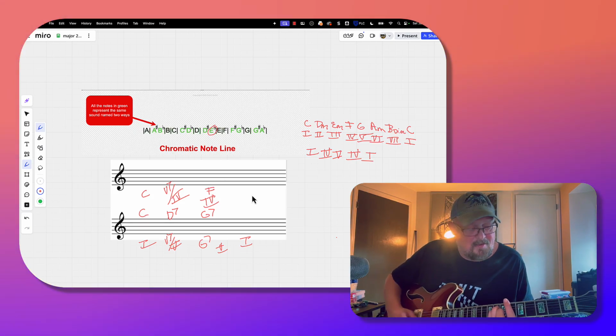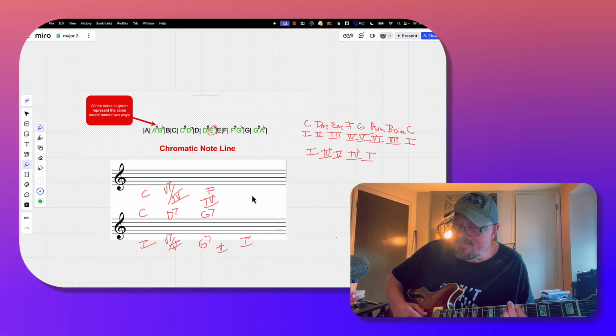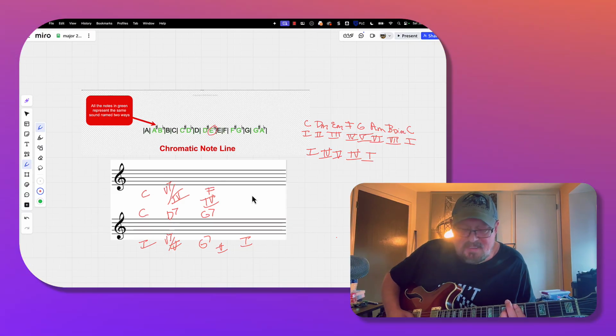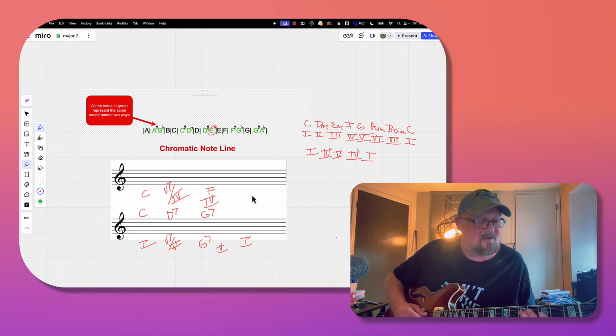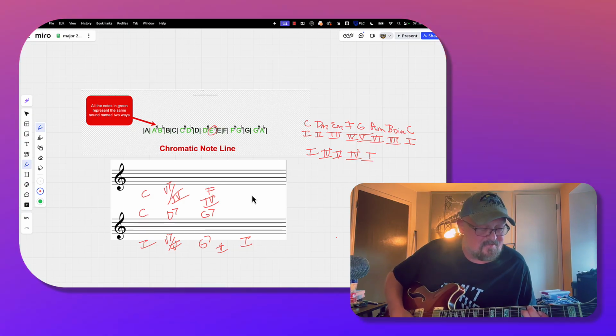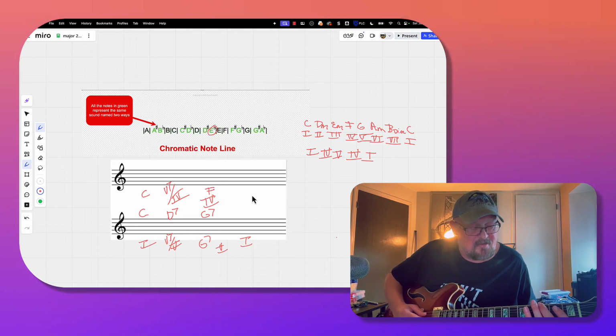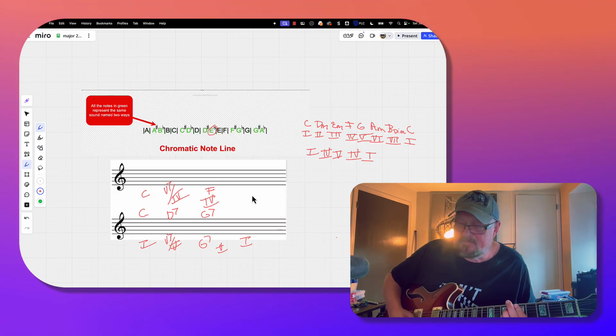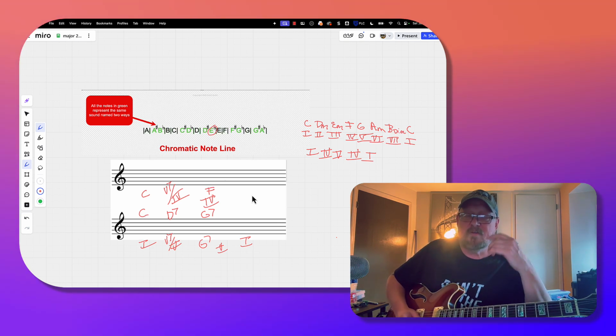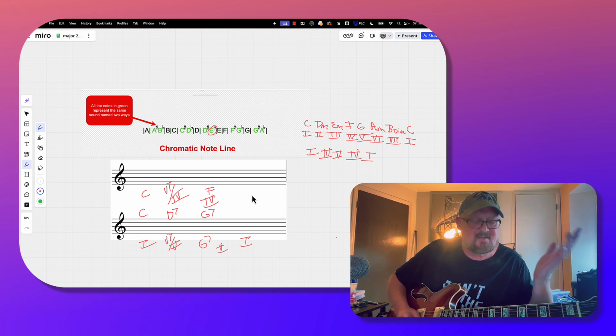So you got 1, 5, 7 of 6 in B flat, and then G minor, which is 6. So why is D7 5, 7 of 6? Because if we're on G and we go up 5 notes of the scale, okay, it's D7.